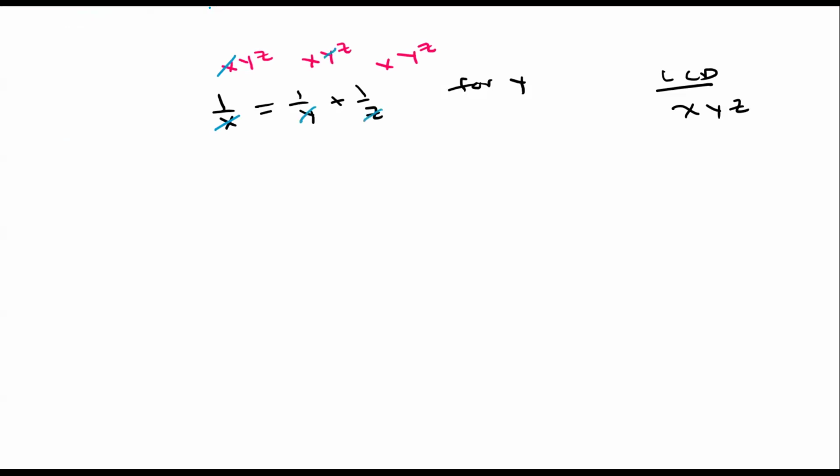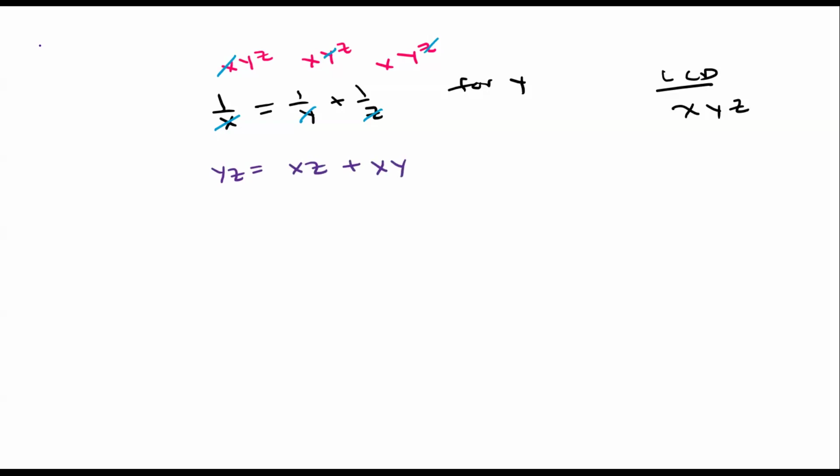The third term, the Z's are gone. Okay, so then that leaves me with YZ on the left. Then we have XZ plus XY. Okay, so we have YZ, XZ plus XY.